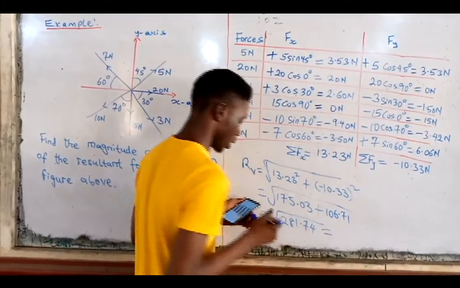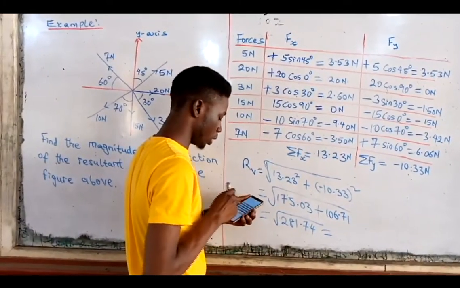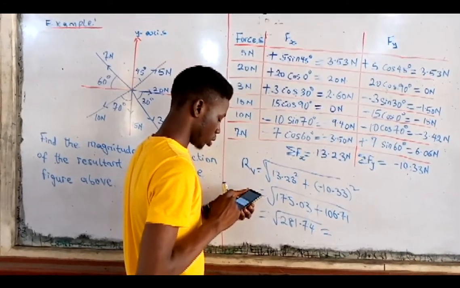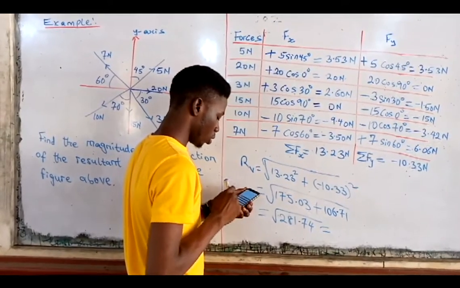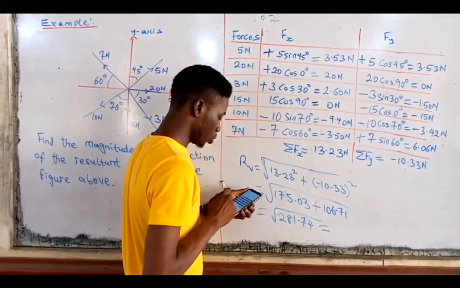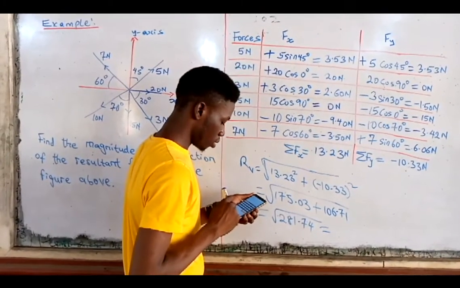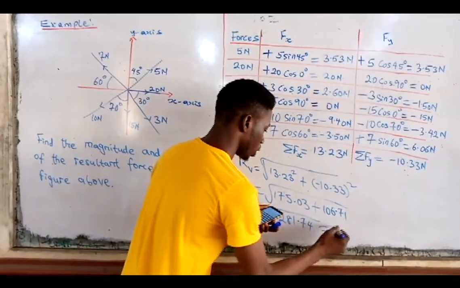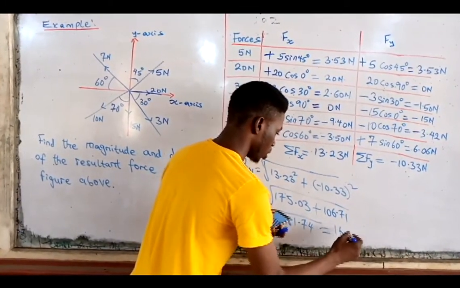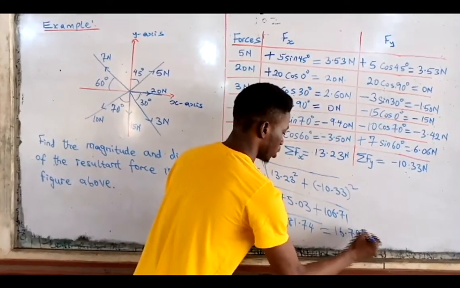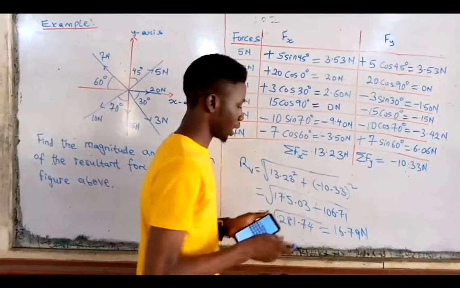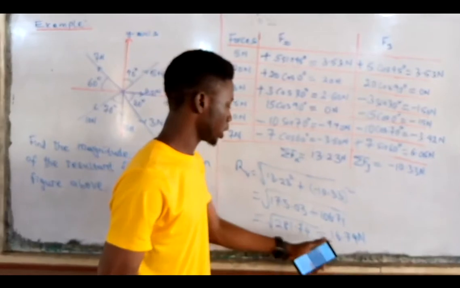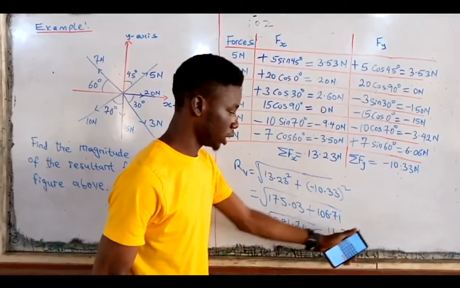Then we get the square root of 281.74, which is equal to 16.79 Newton. This implies that the magnitude of our resultant force is 16.79 Newton.